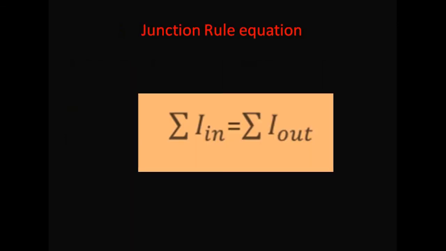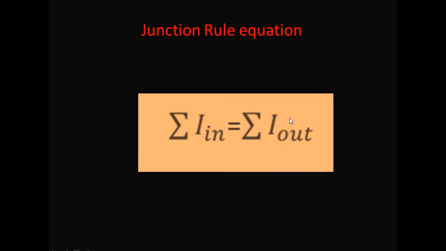If you want to make a mathematical expression for junction rule, this would help you. Look at here, sigma I in is equal to sigma I out. What does sigma mean in here? Sigma in math means sum. So I in means current entering into the junction.